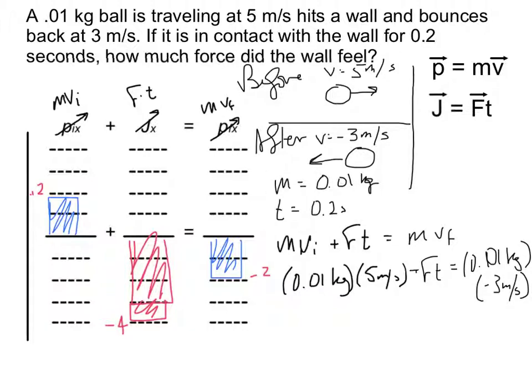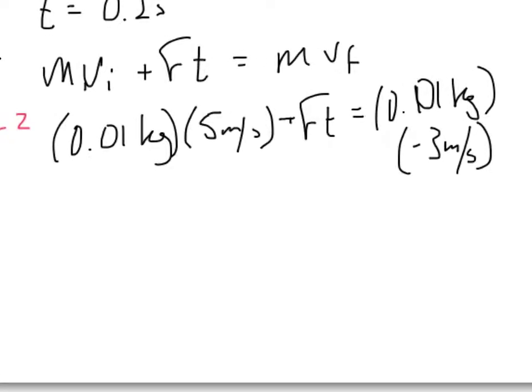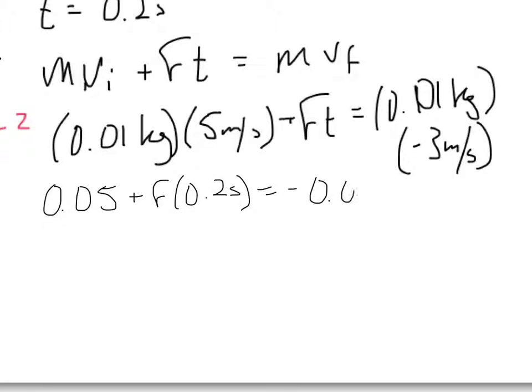So then we evaluate. I'm going to give ourselves a little bit more room. So we have 0.05 plus force times 0.2 seconds is equal to negative 0.03.